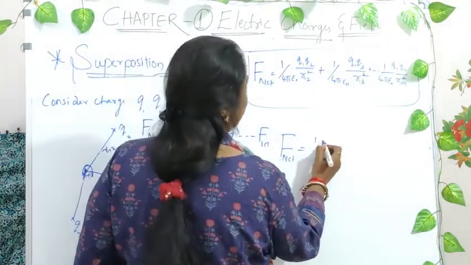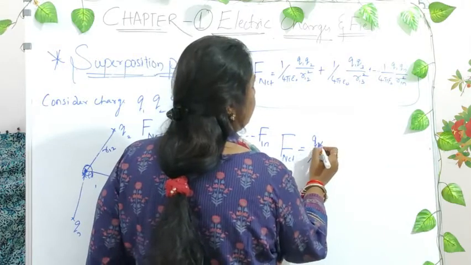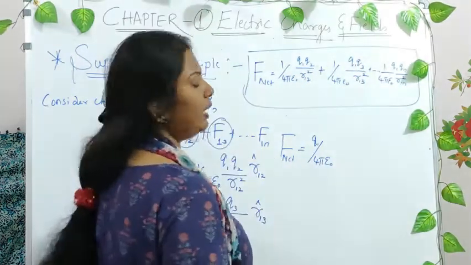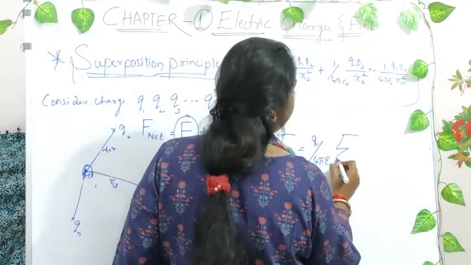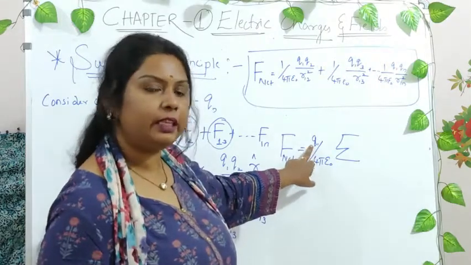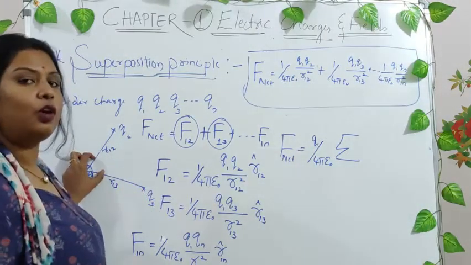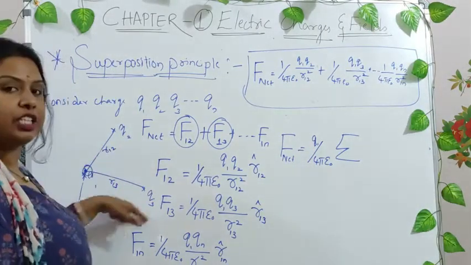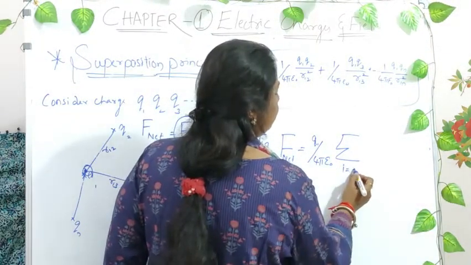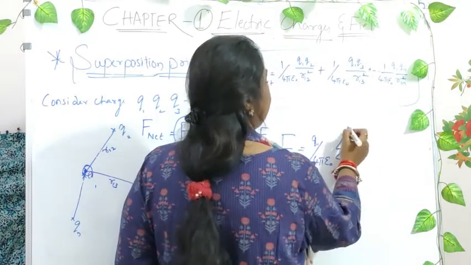So you take that out, put a summation, right? Now from what charge does it start? Q1 is already there, Q1 is fixed now. You want to find out the other charges, right? So it is i equal to 2 to n.